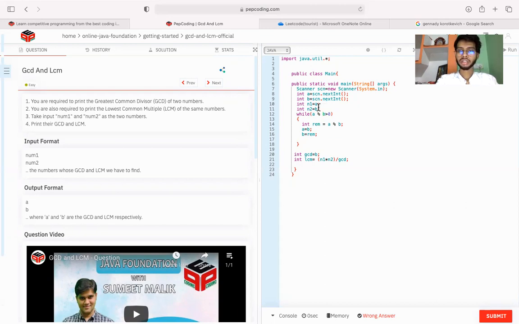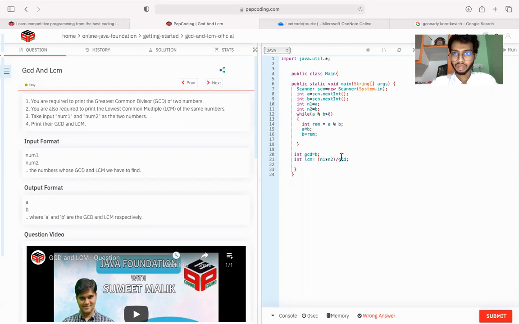Here I'm storing the remainder as a modulo b, that is fine. And in the n1, it means in a we need to store b.